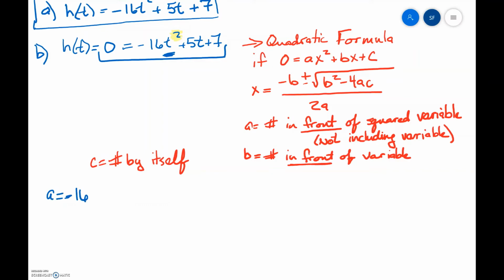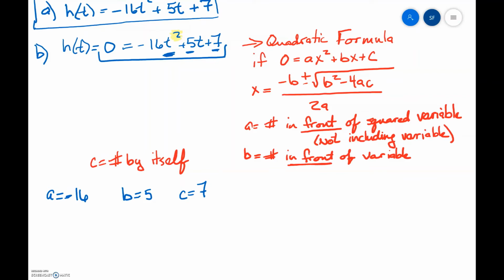And b is the number in front of the variable. In this case, b is 5. And c is the number by itself, which is 7. So we're going to use negative 16 for a, 5 for b, and 7 for c.